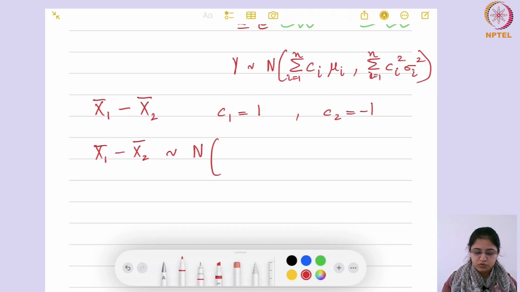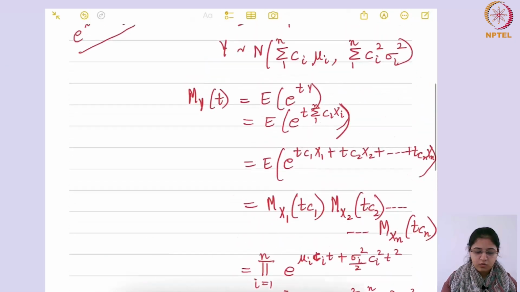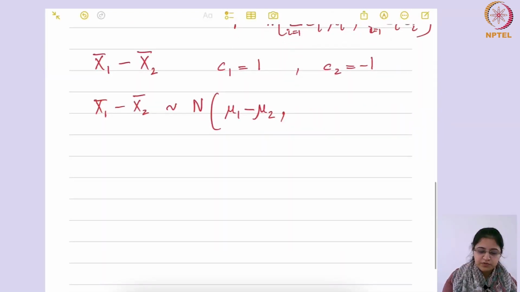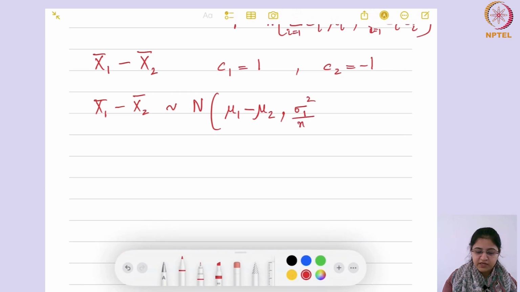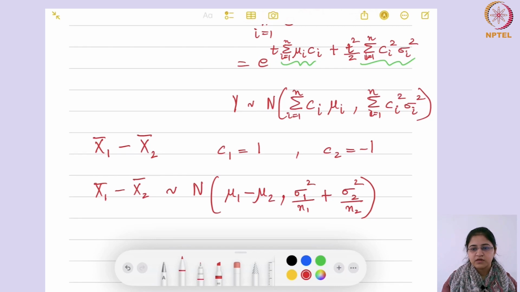So the first one will be mu1 minus mu2, because c2 is minus 1, and the variance would be sigma 1 square by n1 plus sigma 2 square by n2, because c1 square and c2 square would both be 1 plus 1.